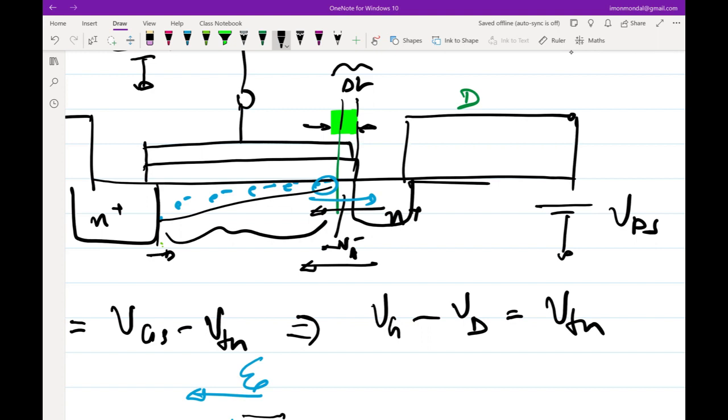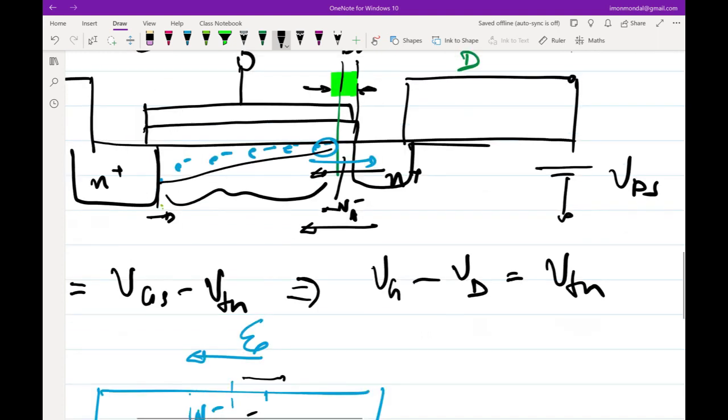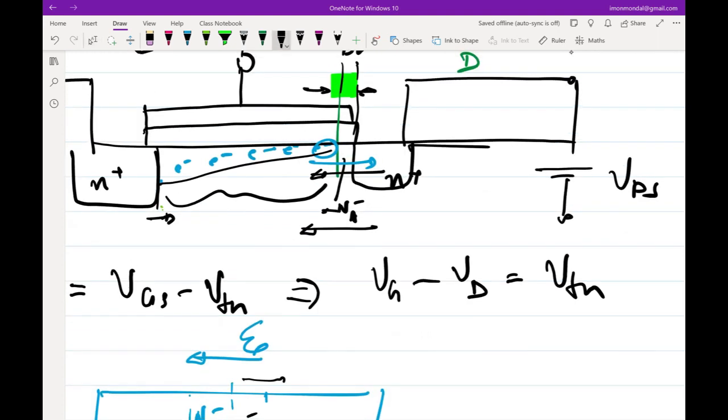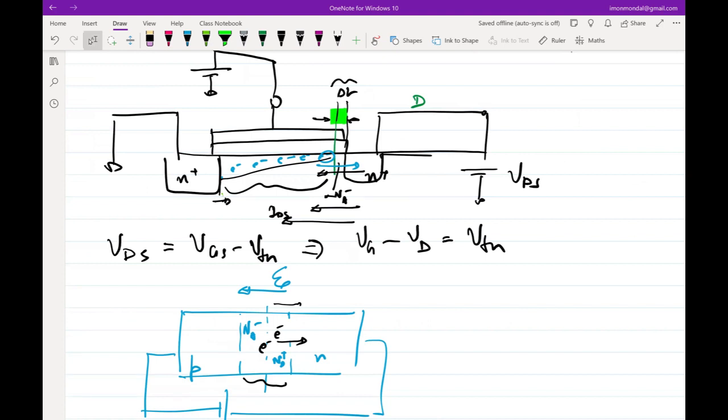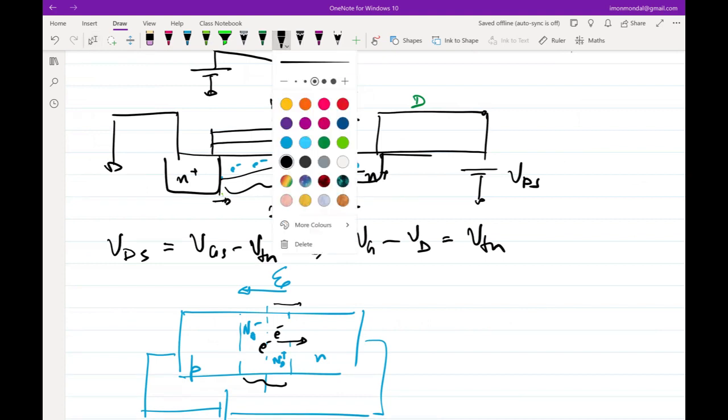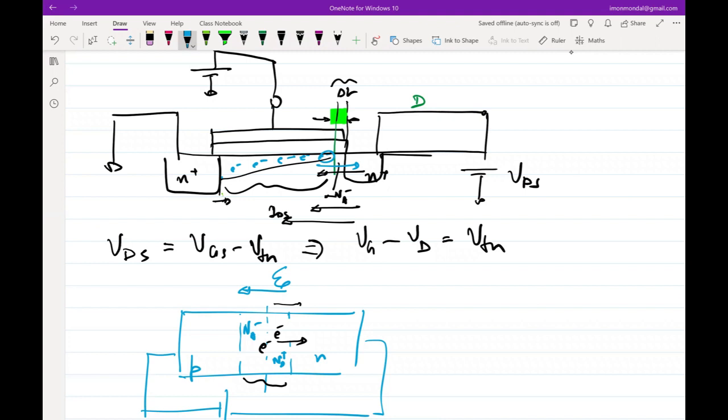Okay. The drop across the channel, think of it in this way. If you have current flowing from left to right, let's model this channel, this is a channel with electrons, right?